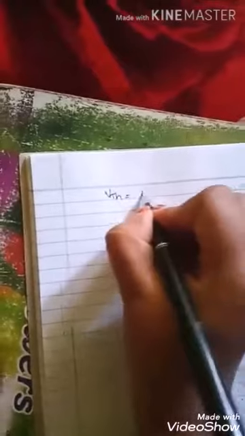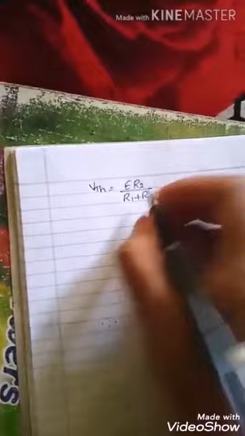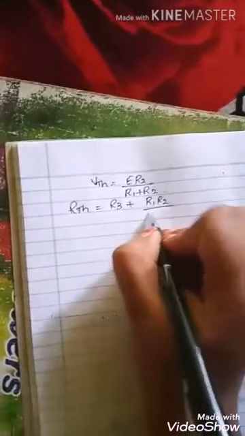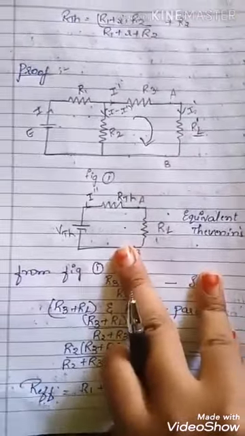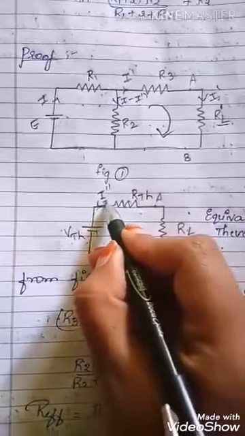So from equation 1 we have VTH equal to E R2 divided by R1 plus R2. Again from equation 2, Thevenin's resistance RTH equal to R3 plus R1 R2 divided by R1 plus R2. Now we have an equivalent circuit. This is the equivalent circuit. If we see this equivalent circuit, the current I double dash is the current flowing in the equivalent circuit.